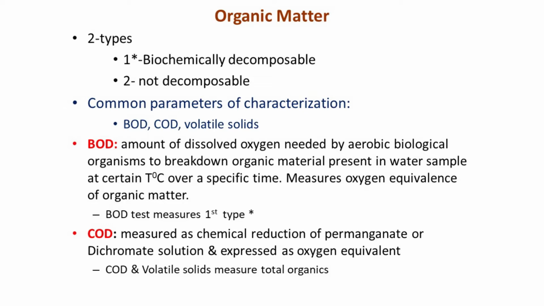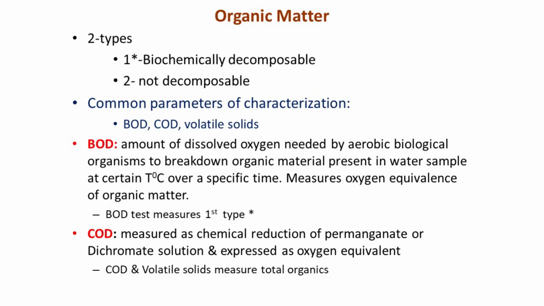Now what is BOD? BOD is nothing but the amount of dissolved oxygen which is needed or demanded by aerobic biological organisms to break down the organic material present in a given water sample at certain temperature over a specific time. It measures oxygen equivalence of organic matter.